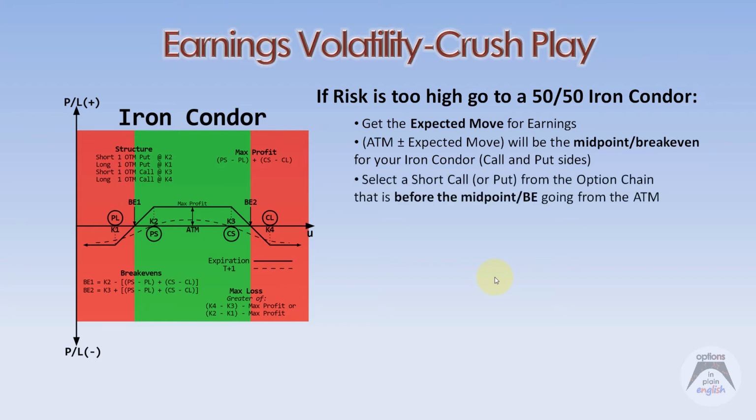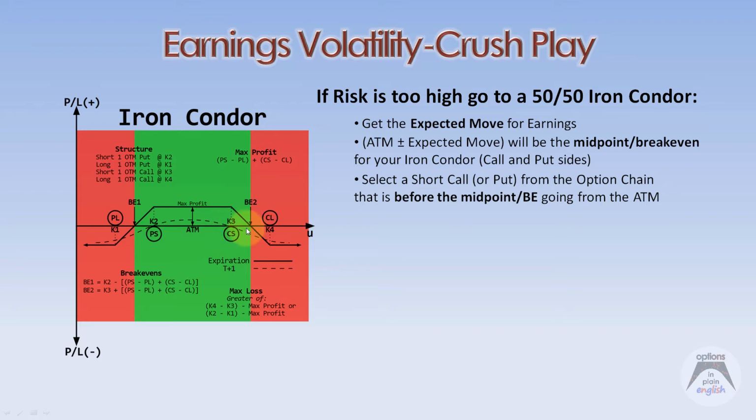Now you can start your analysis by going to the puts or to the calls. So that's why I'm going to refer to both. Select the short call or the put from the option chain that is before the midpoint or the break even, going from the at the money. So if you start at the at the money and you know what the break even is going to be, which is going to be the expected move, you go there and you back up a bit. And that's when you're going to start analyzing.